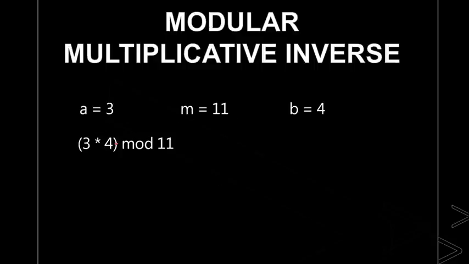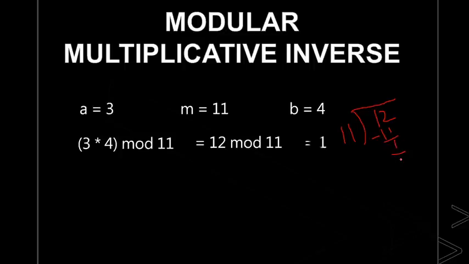The B value is 4, modulus 11. 3 into 4 modulus 11 is nothing but, what is 3 into 4? 12. It is equal to 12 modulus 11. So divide 12 by 11. When 12 is divided by 11, what will be your remainder? Minus 11, the remainder will be equal to 1. Yes, when 12 is divided by 11, the remainder is equal to 1.